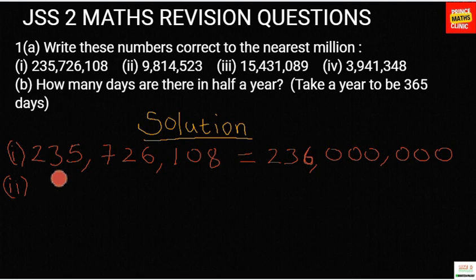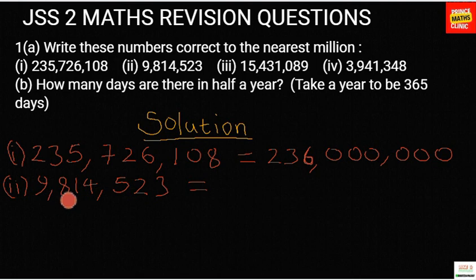Identify the place value. The question is 9,814,523. So let's look at it. Now we have this as units, tens, hundreds, thousands, tens of thousands, hundred thousands, million.